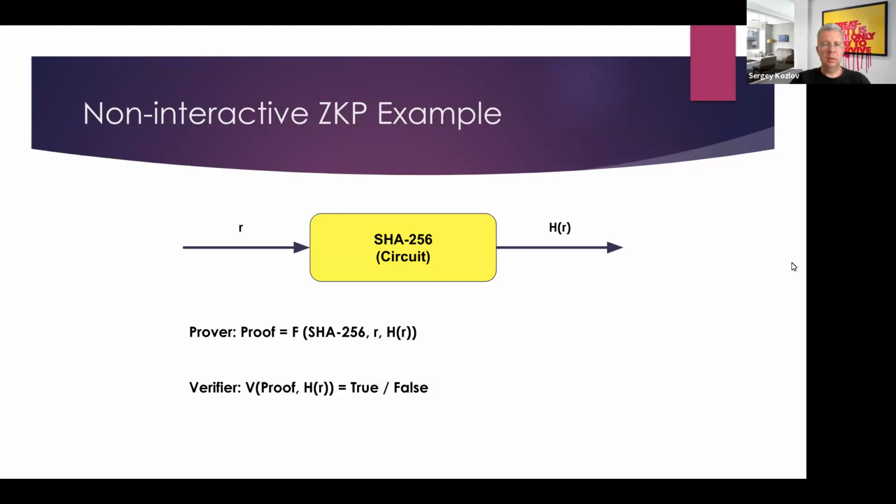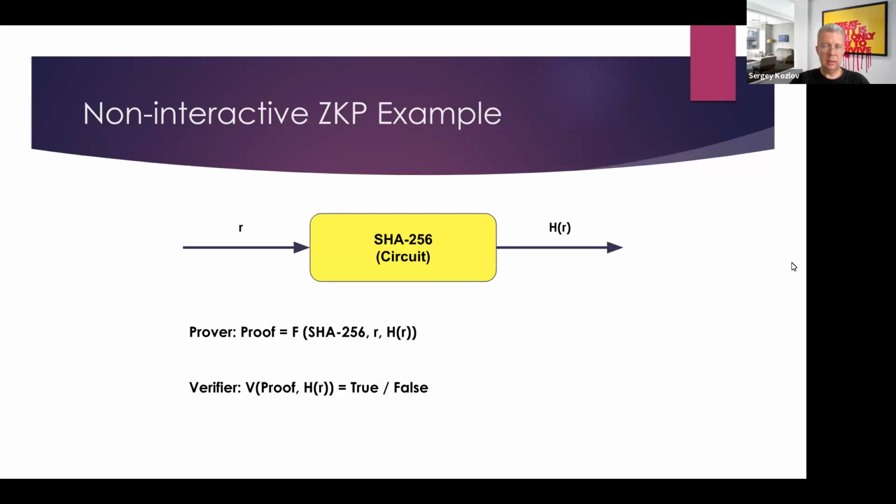a number, and how we generate the proof: we take our circuit which calculated this hash, we take our R, which we as a prover know, and we also use the hash which we calculated.